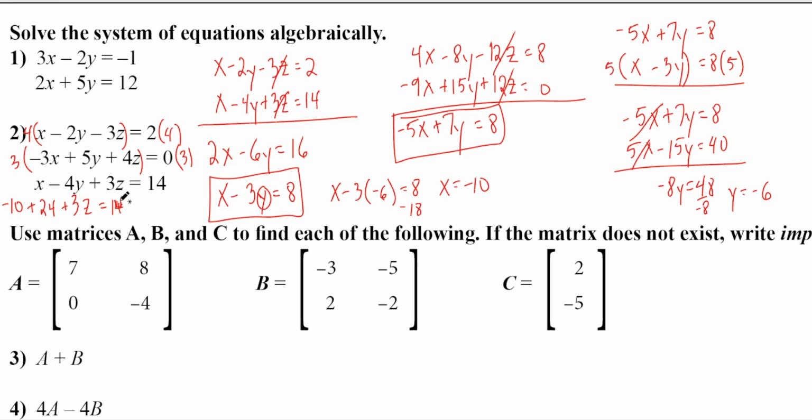There we go. So this is going to be what? Positive 14. We subtract 14, so 3z is 0, and z is 0. And so let's write our answer right here. Negative 10 for x, negative 6 for y, 0 for z, and that is the answer.